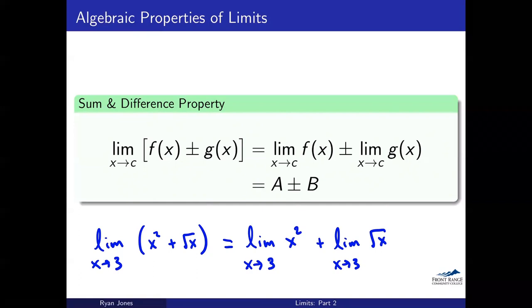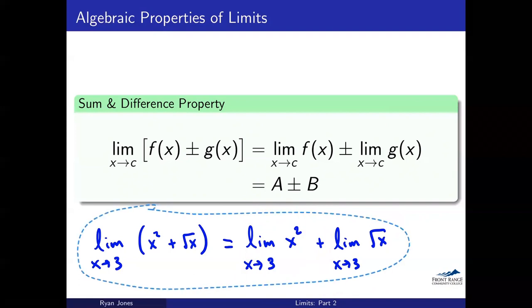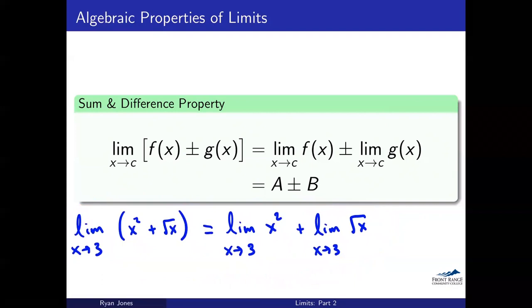In this case, I could just look solely at this one and answer that, and then separately look solely at this one and answer that. Whatever those answers are, I can take those and add them together. If I actually do that, let me write that out here. I would end up with 9 plus the square root of 3.